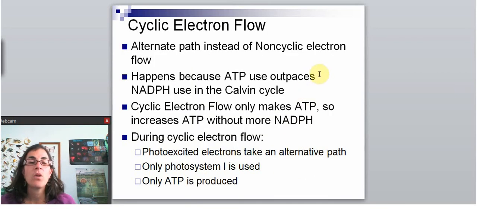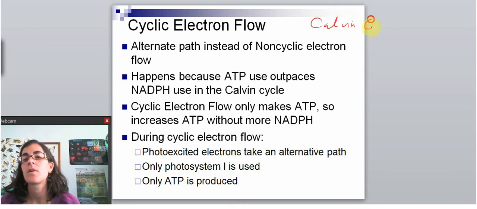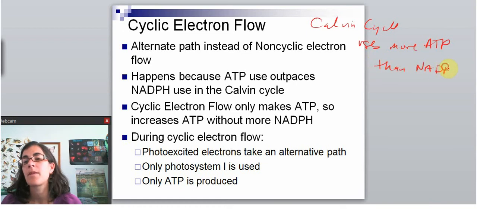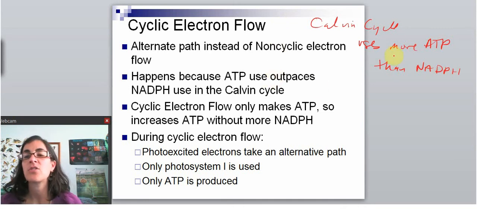However, the plant will also need to do something called cyclic electron flow, and it's going to have to do this because the Calvin cycle uses more ATP than NADPH. So non-cyclic electron flow, the one we were just talking about, makes equal amounts of ATP and NADPH, but the Calvin cycle is using more ATP.